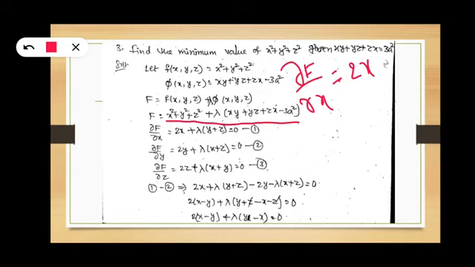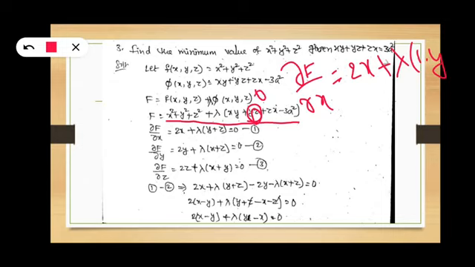So x differentiation is 1. Here we have 1 into y, plus yz, it does not have x terms, so it will be constant, so it will be 0.